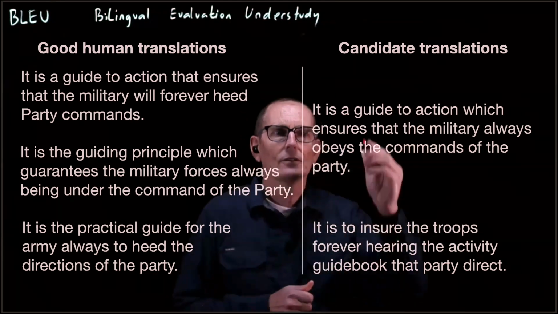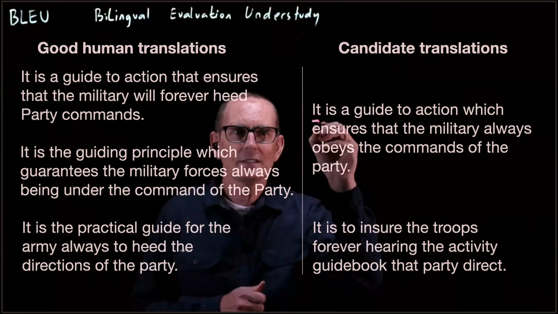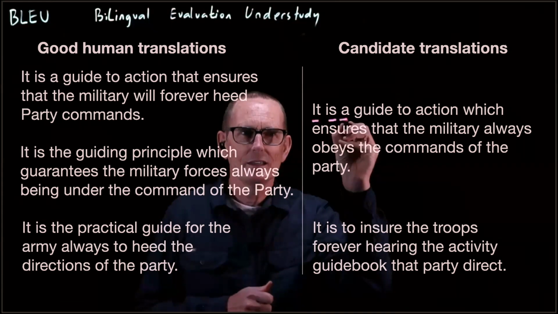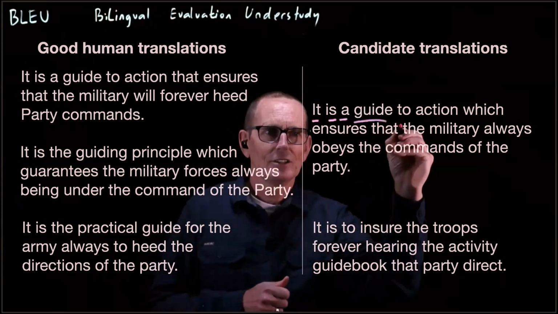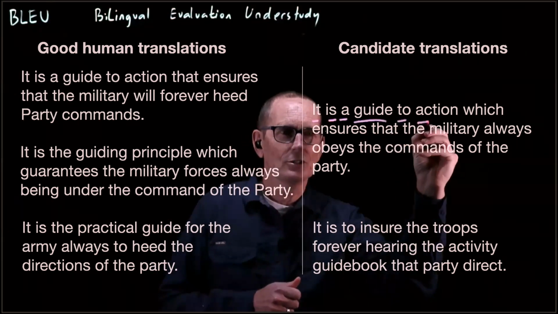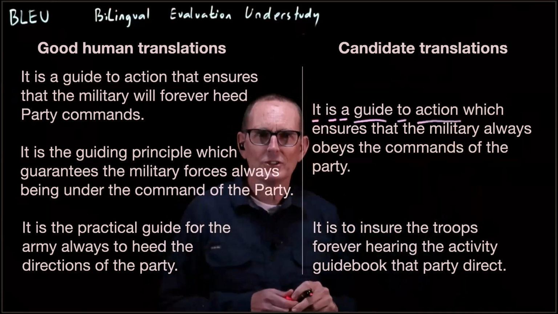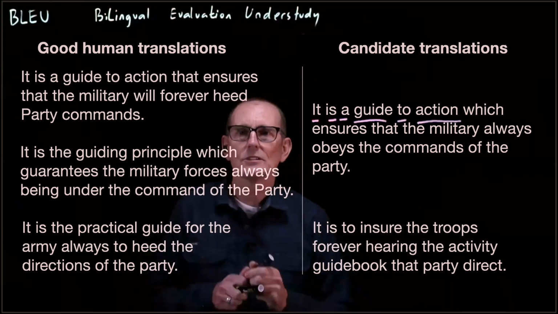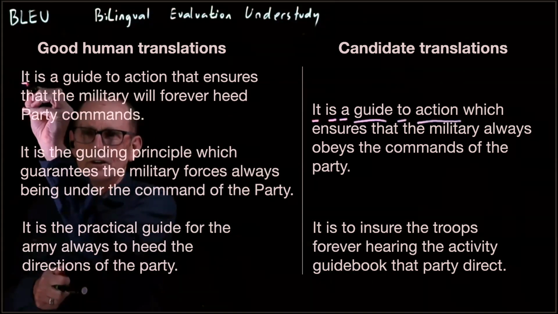Okay, so for example, we've got, let's see, it and is and a. Well, actually, it is a and guide to action are all in the first human translation, right? Is which there? Yeah, which. Right, so I'm just kind of going to show that this occurs over in here.